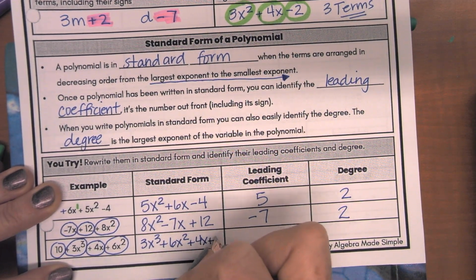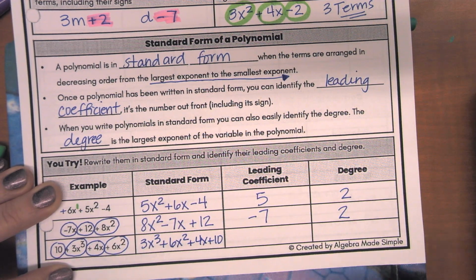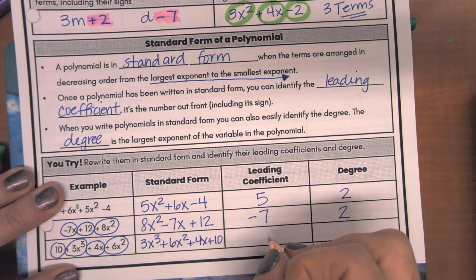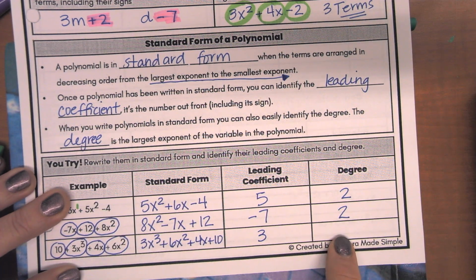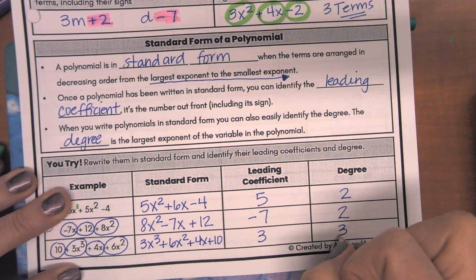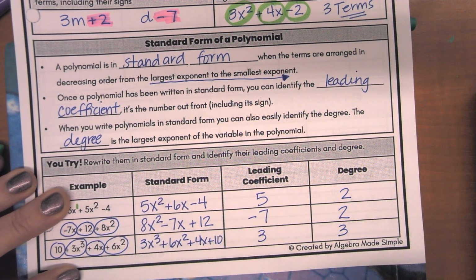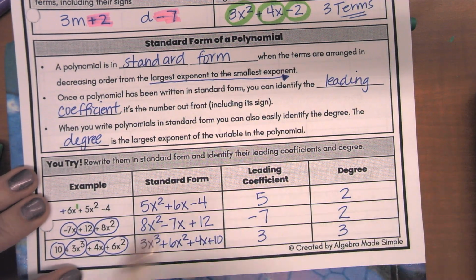Does yours look like mine? Okay, what's our leading coefficient? 3. That's right, it's the one in front of the x cubed. And what is our degree? It is 3. Okay, let's go ahead and pause here, and then we'll make sure you get some practice in writing in standard form.